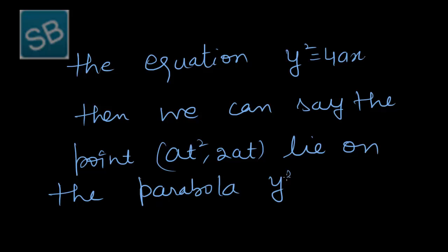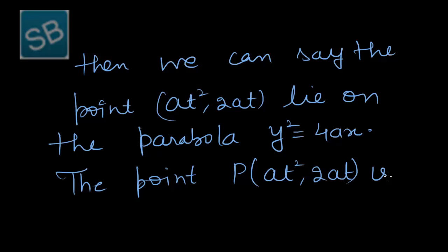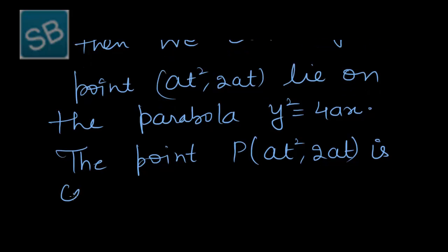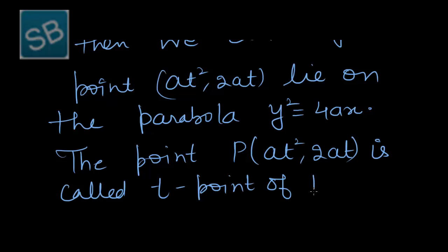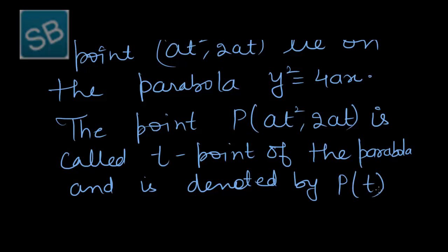parabola y squared is equal to 4ax, and the point P, that is (at squared, 2at), is called the t point of the parabola and is denoted by P of t point at the parabola.